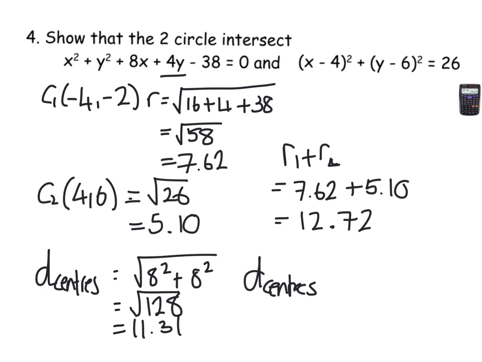No, it's not. Silly me. You know what it is? Distance between the centres is 11, which is less than 12. Is less than radius 1 plus radius 2. So remember that 12.72 would be the touching value. We've got less than that, so the circle centres have been pulled together. So the circles overlap, but we say intersect.